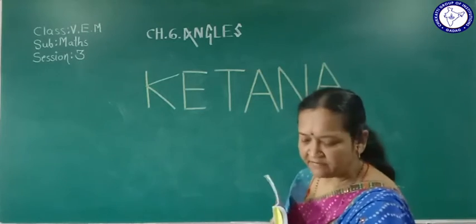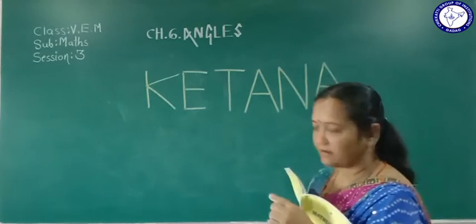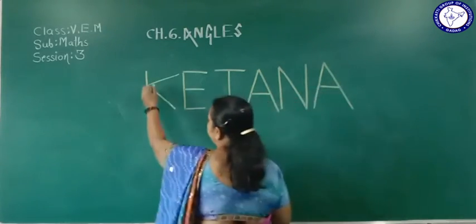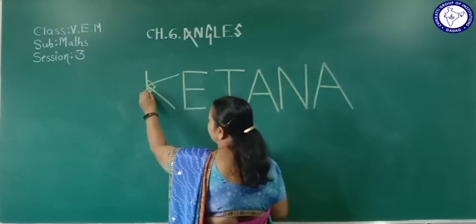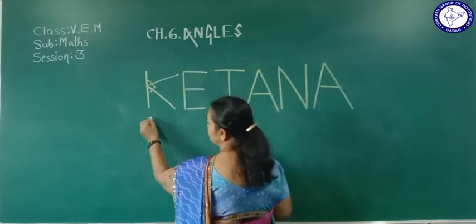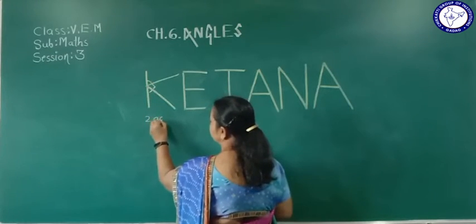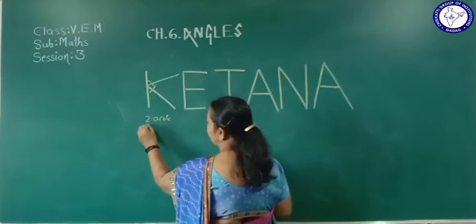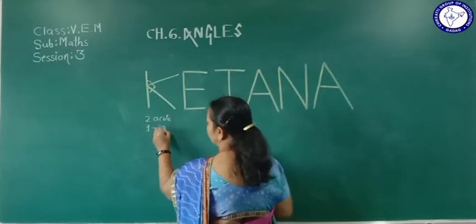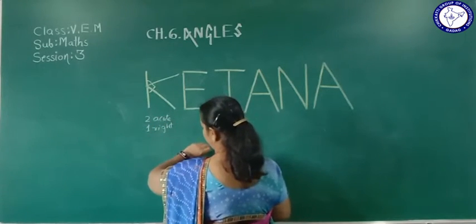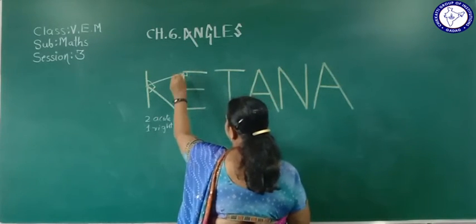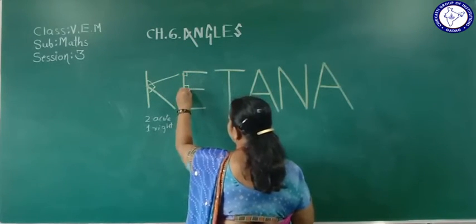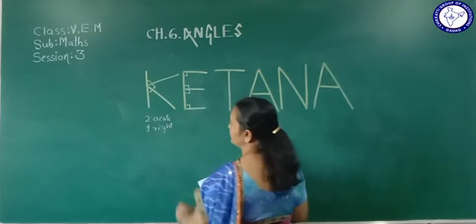Now let me find which type of angles we are finding. So here we find acute angle, this is the right angle, and here acute angle. So two acute angle and one right angle in this K. Then let me go to second figure. Here right angle, here right angle, this is right angle, and here right angle.